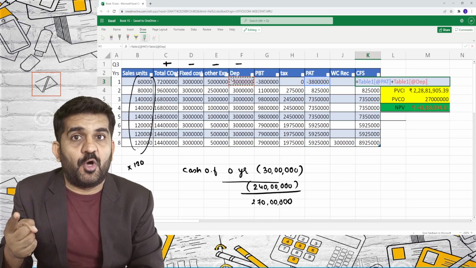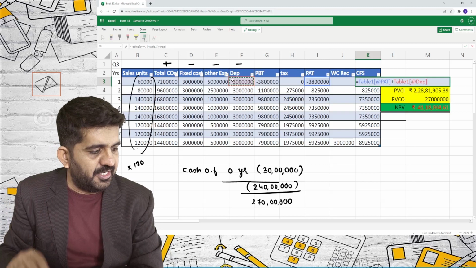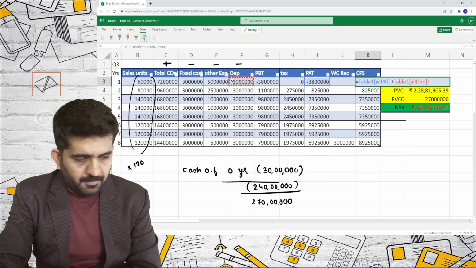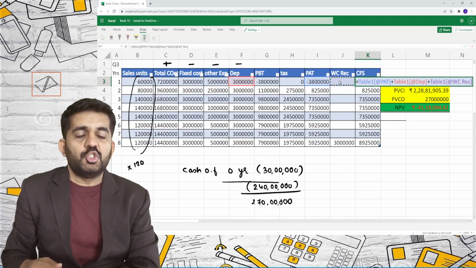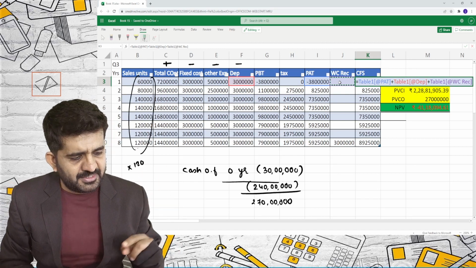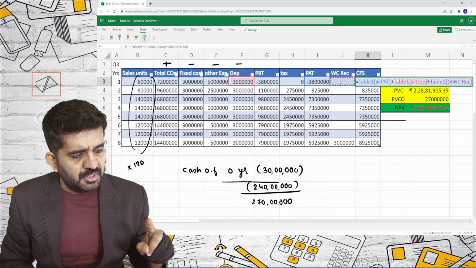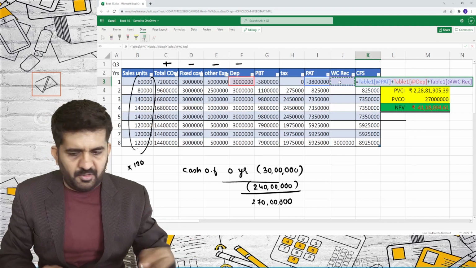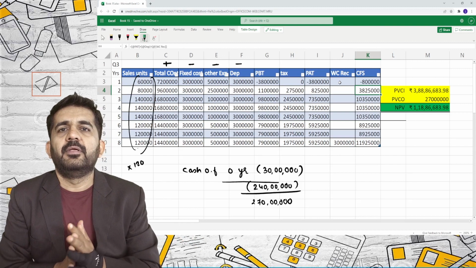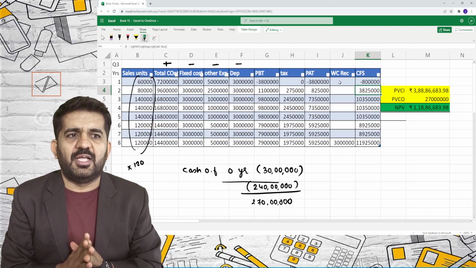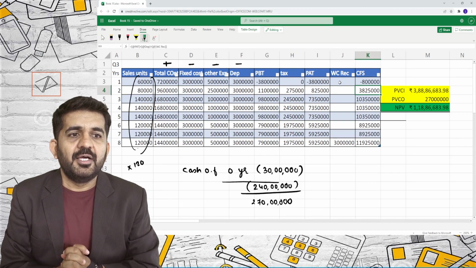Depreciation added back, I had forgotten. I had deducted it, but not added it back. Plus this working capital column. So profit after tax plus depreciation plus the working capital column will give me my cash flows. This will change all the answers, and my answer will be correct.